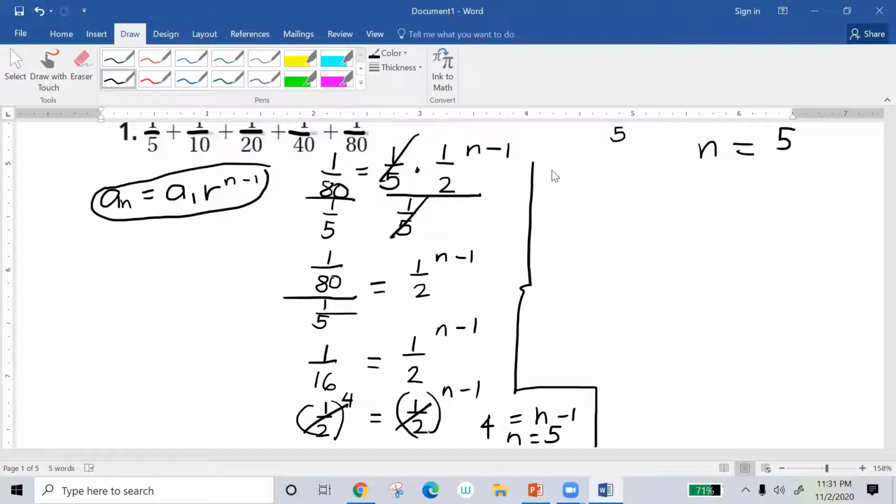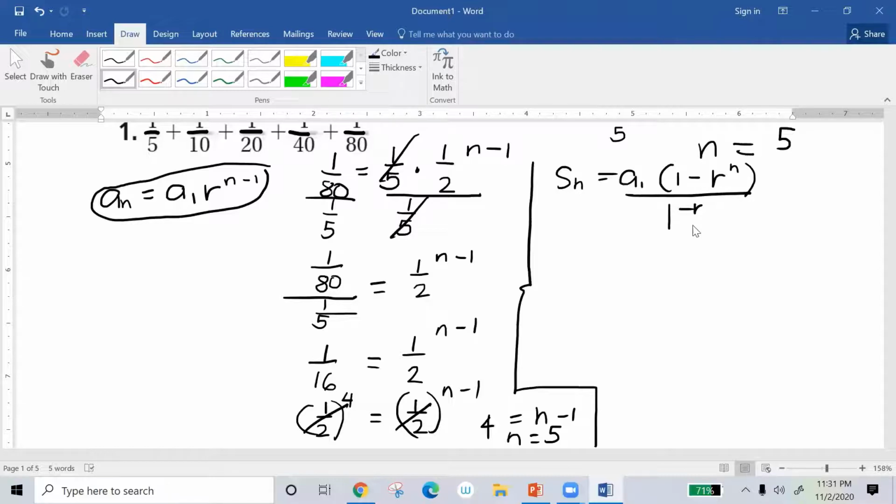We have S sub n is equal to a sub 1 times 1 minus r raised to n all over 1 minus r.